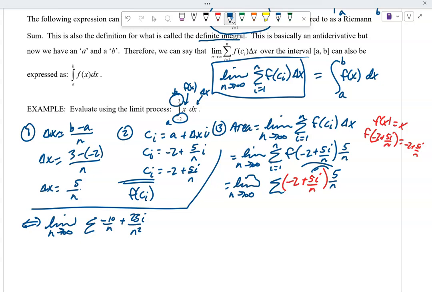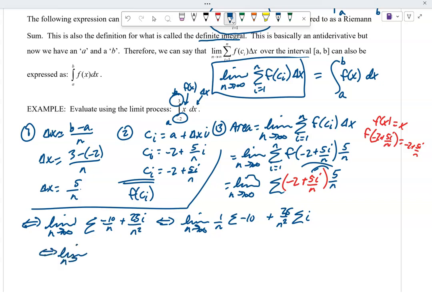And so we've got the limit as n goes to infinity of, I'm going to take a 1 over n out of that first one, so I got -10, and 25 over n squared out of that next one, i. And so I'm going to use my formulas on both of those again.